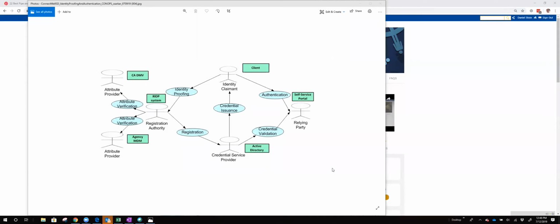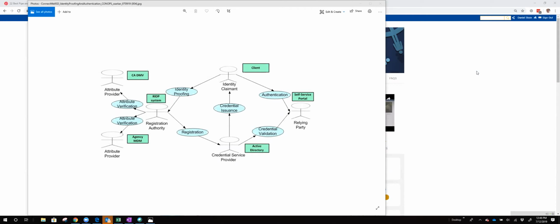So authentication, of course, is much more simple. We have the CSP, the credential service provider that's providing credentials, and then any relying party like a portal or an application that uses the CSP for SSO, single sign-on, is good for John Smith, the customer, to log into, right?